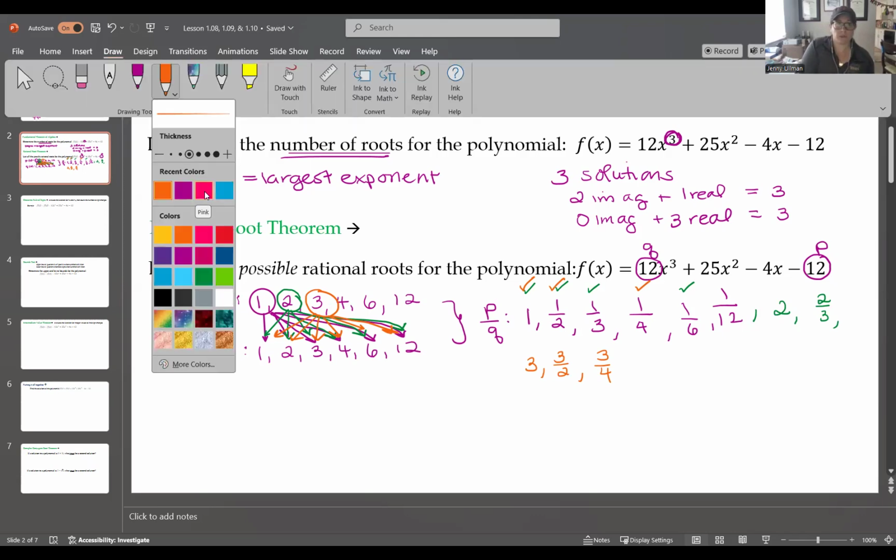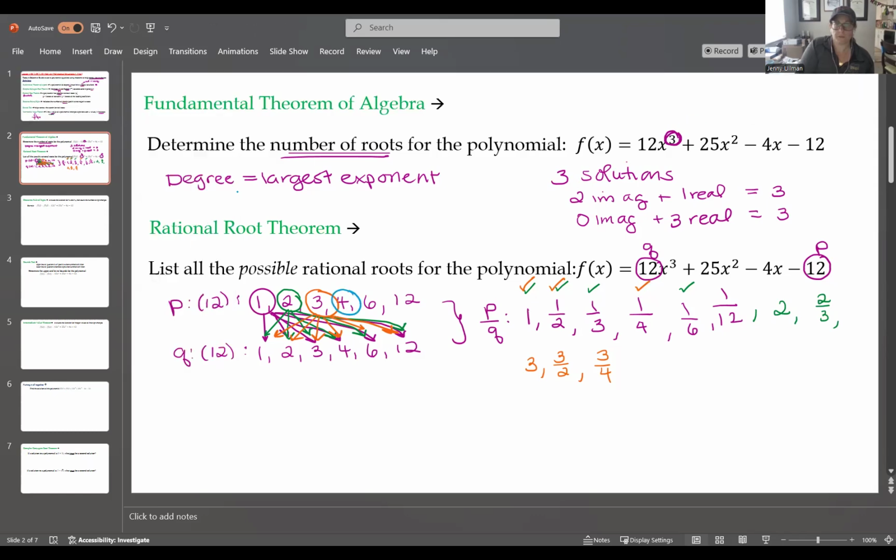So let's do 4. So 4 divided by 1. 4 divided by 2 is 2. 4 divided by 3. 4 divided by 4 is 1, lots of them. 4 divided by 6 is 2/3, already in my list. 4 divided by 12 is, yep, to make sure I have it in there, 1/3, done.